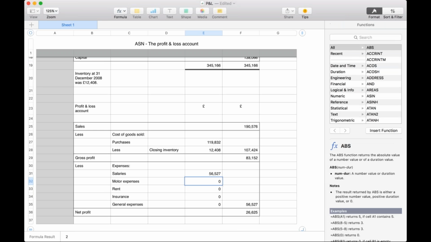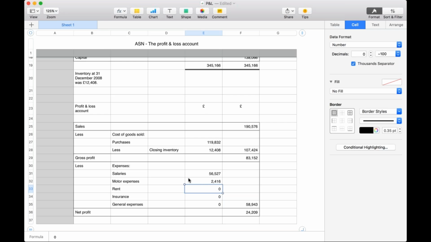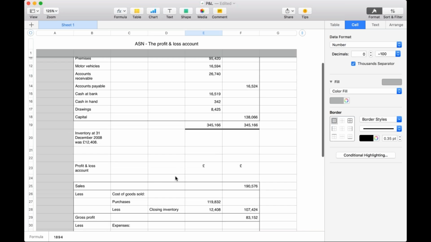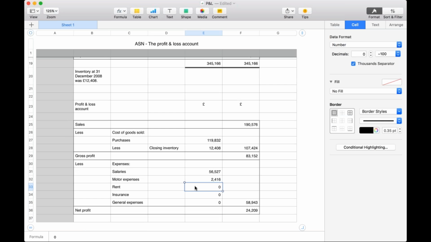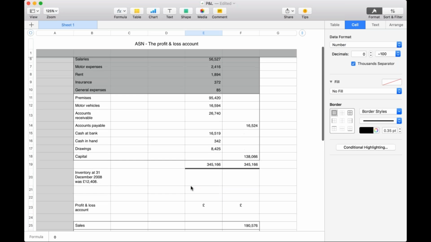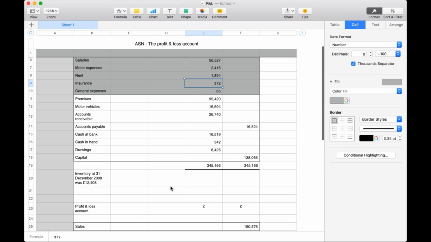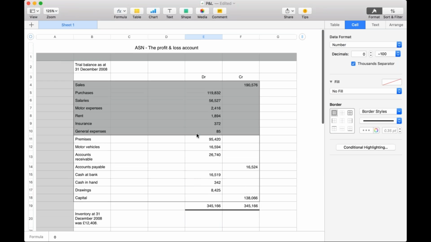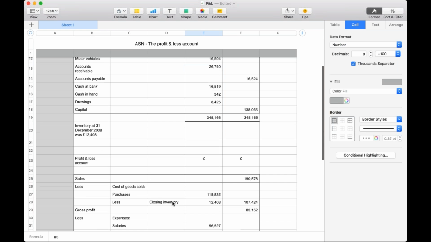So we'll enter that there, 2416. Okay, and then we'll go to rent, which is 1894. So we'll enter that in there, 1894. And insurance is next. So insurance is £372. So we will put 372 in there like that. And finally, general expenses, £85.